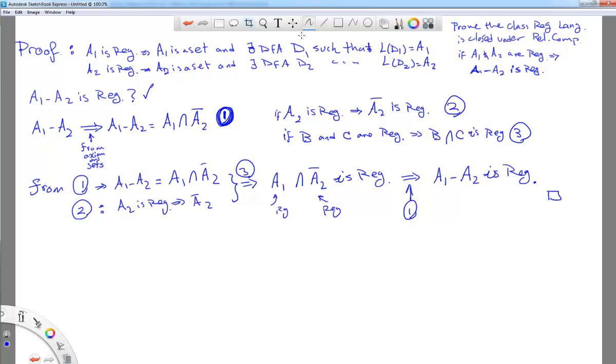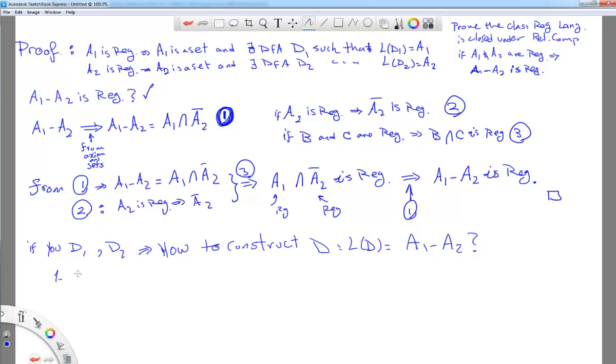Now, how would the construction work then? If you have DFA D sub 1 and DFA D sub 2, how would you construct D such that L of D is equal to A sub 1 minus A sub 2? It's going to take 3 steps.